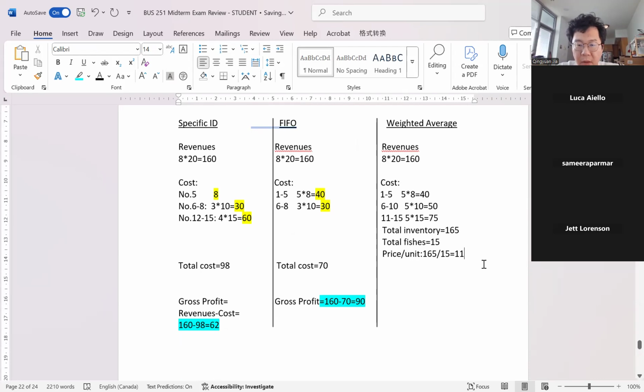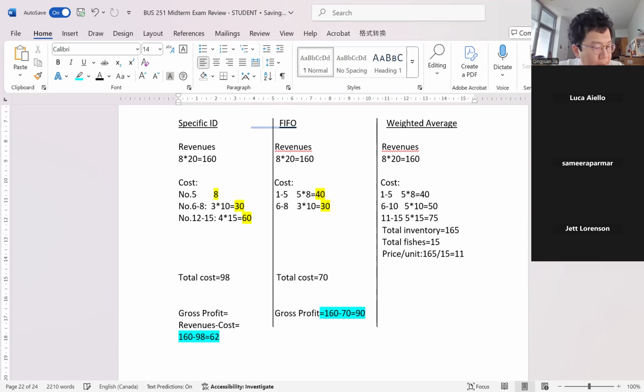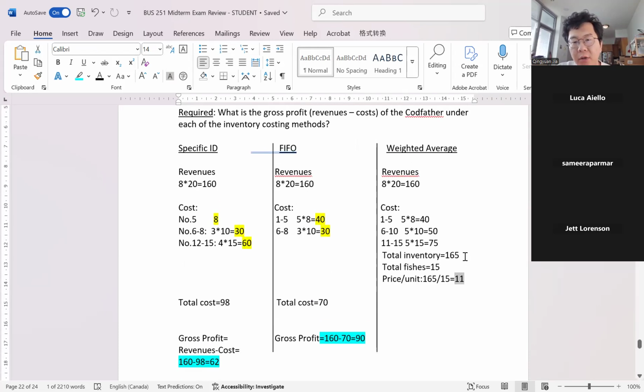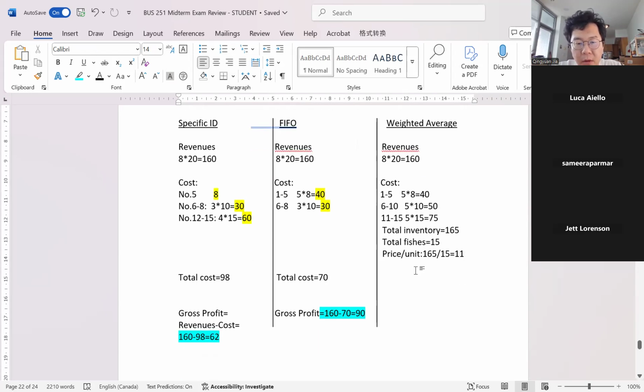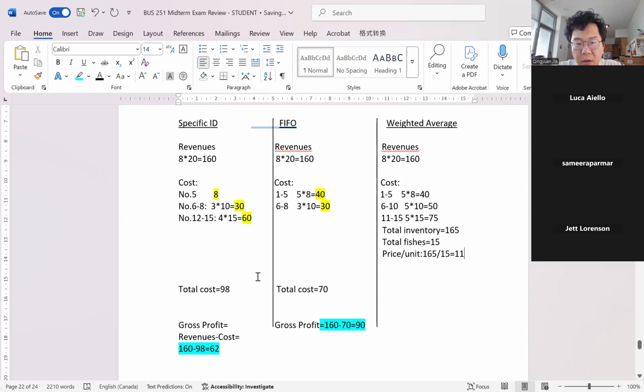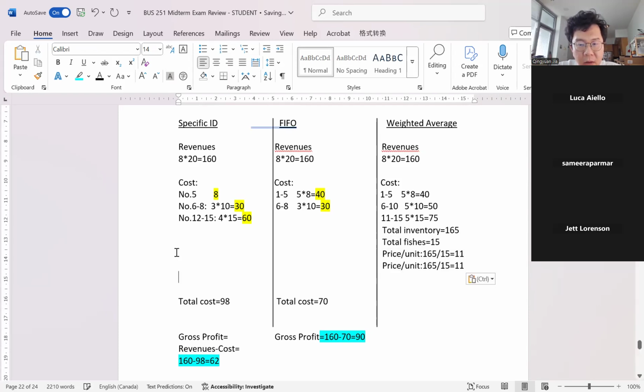So this is the price that we will use to calculate the cost for the weighted average method. So 11 times how many fish we sold? 8, right? So our cost for this one will be 88.